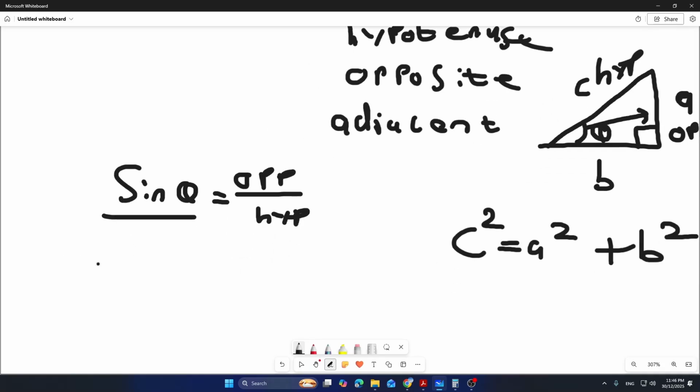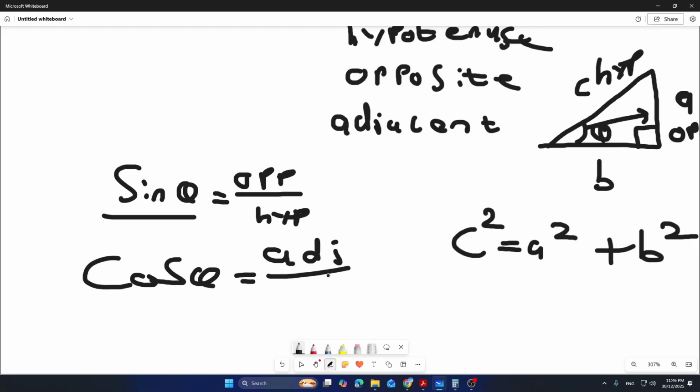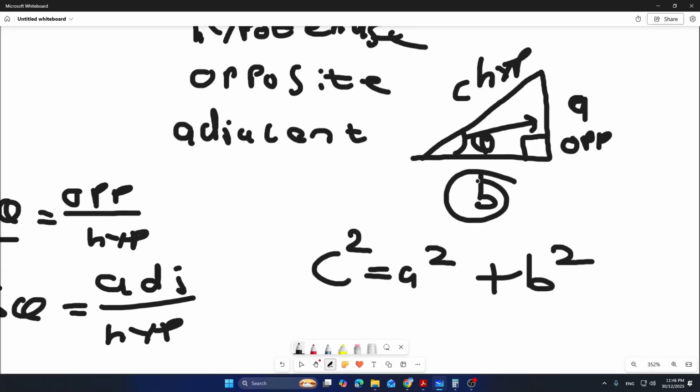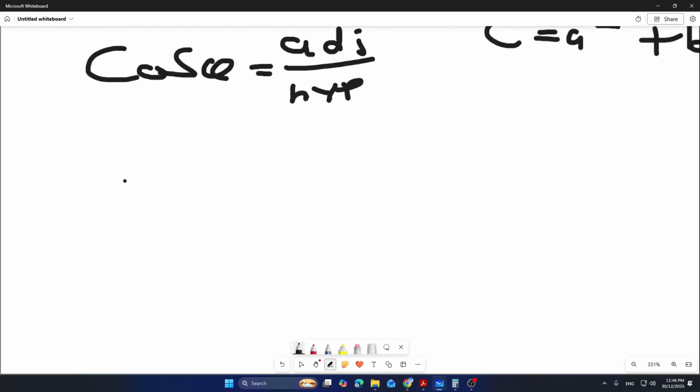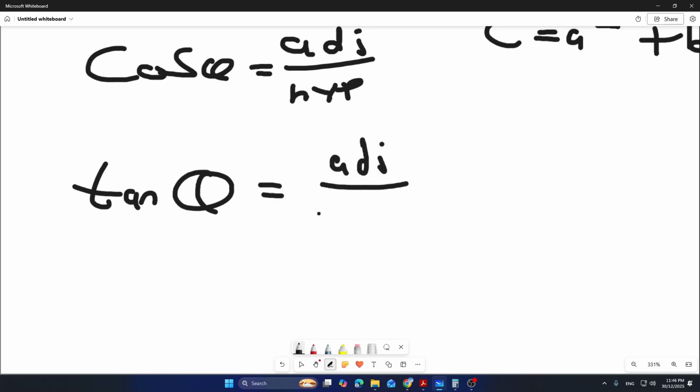Cos theta is adjacent over hypotenuse. Adjacent, which is this side for this angle, and hypotenuse, which is this side. And tan theta equals adjacent over opposite.